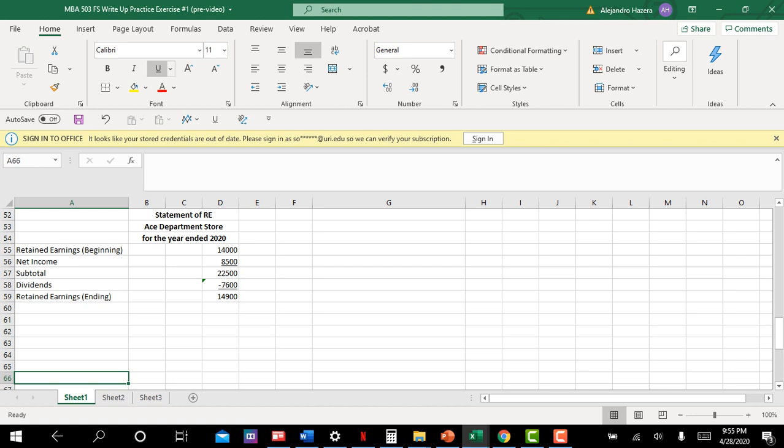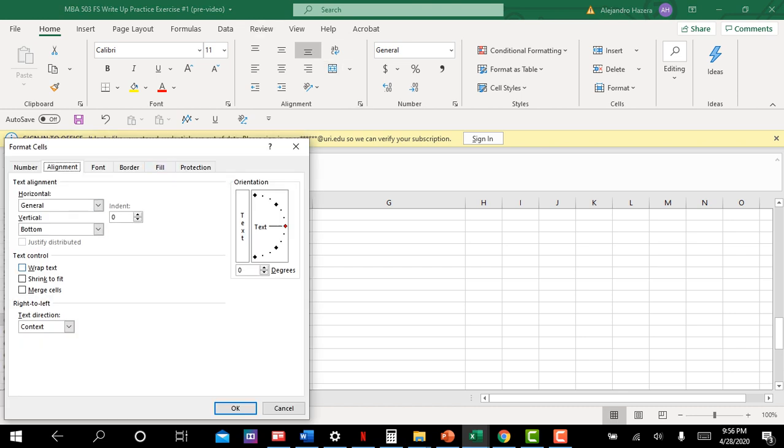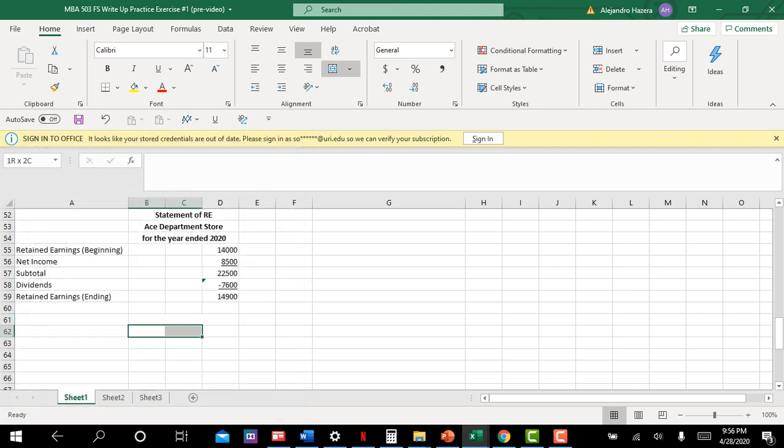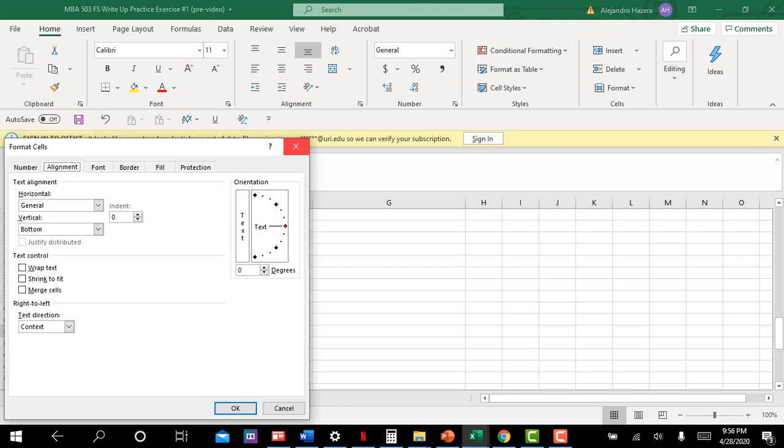Now we're going to go ahead and finish up the balance sheet. Not a very complex balance sheet, but it's a good lesson here. Okay, so I'm just going to go ahead and align these things. I forgot the keystrokes for repeating an action, so I'm just going to do this here. Okay, so you have alignment.